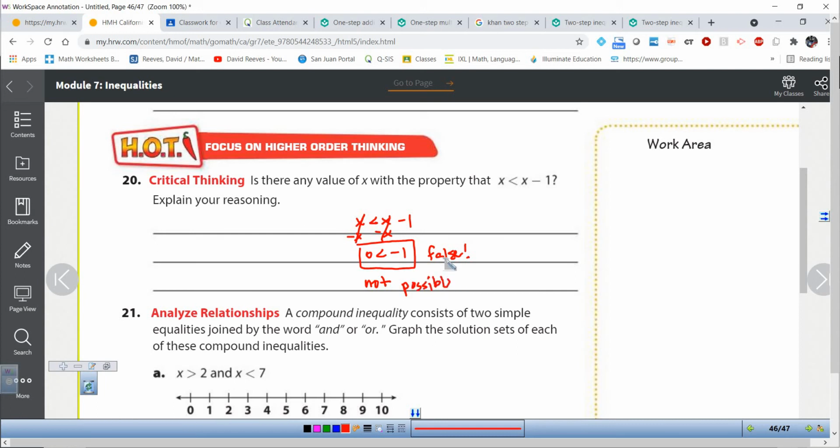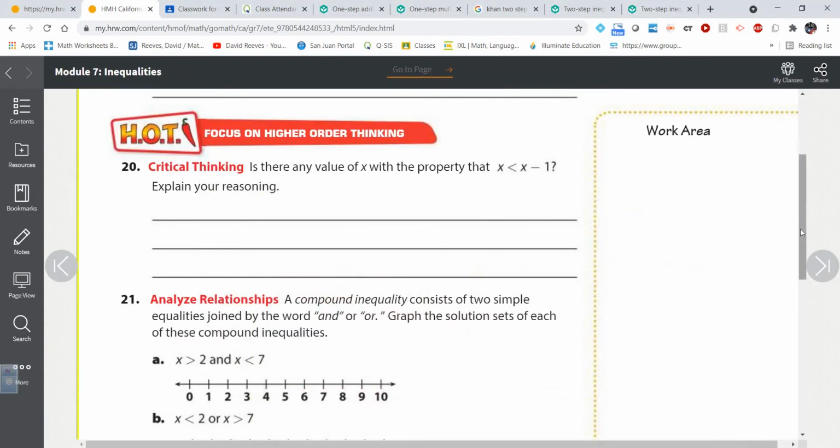So this is an example of an inequality that has no solution. Okay, so is there any value? No, there is no value. There is never a time that a number is smaller than a number that is one smaller than it, right? That's what this says. Give me a number that is smaller than a number that is one smaller. It doesn't work that way.